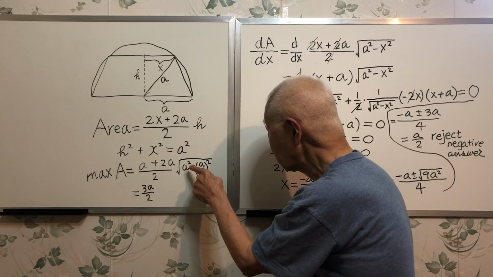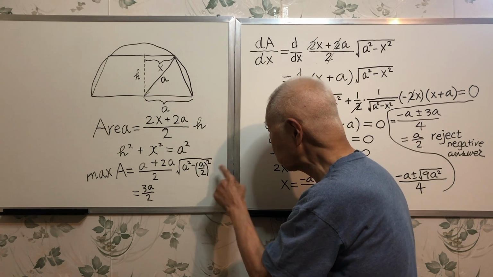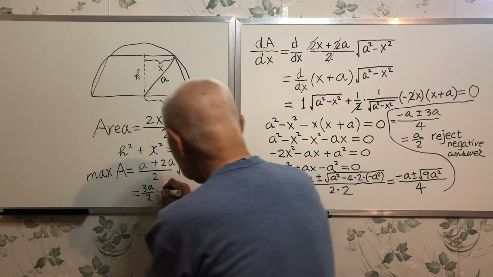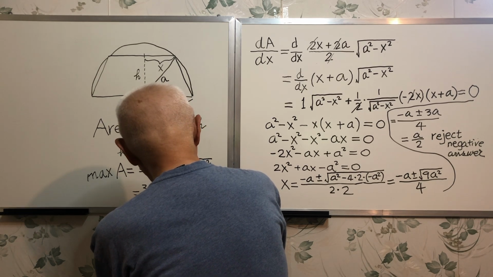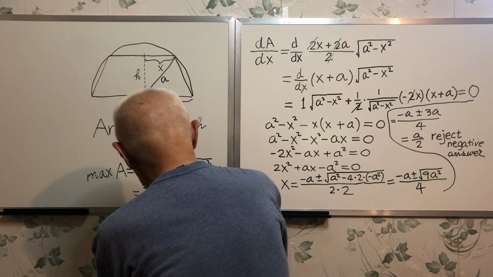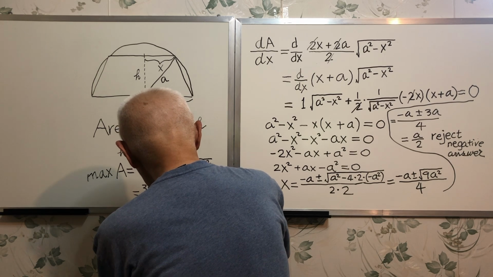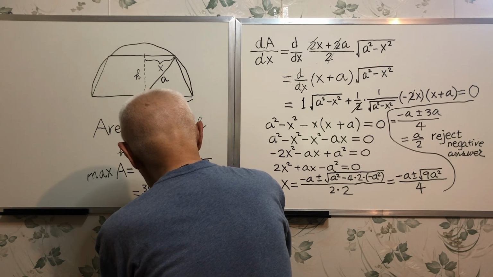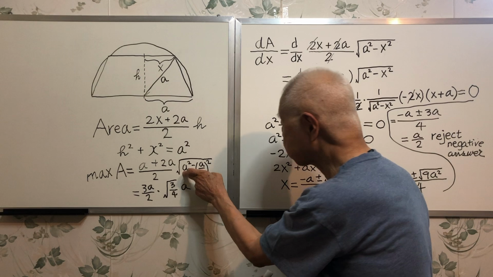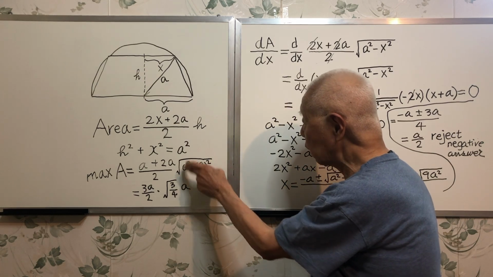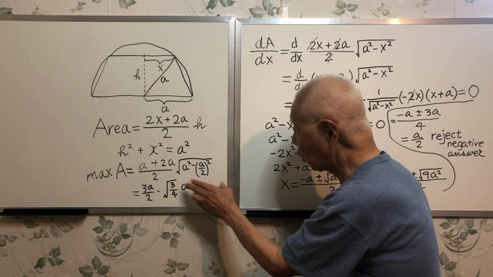So 1 minus a quarter is 3/4 a squared, square root of a squared is just a. So I have this.